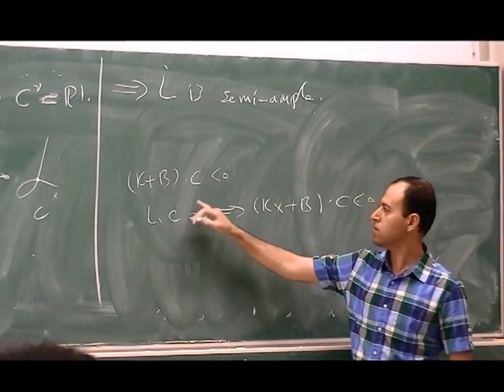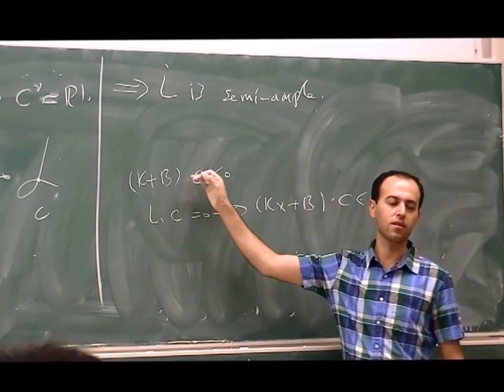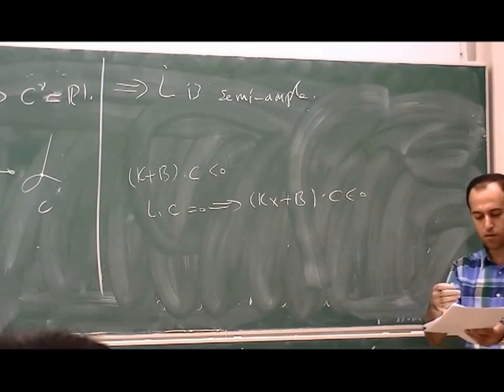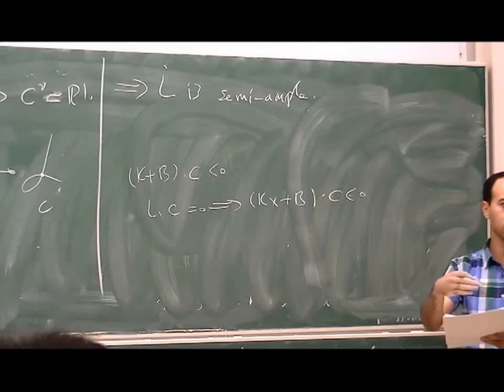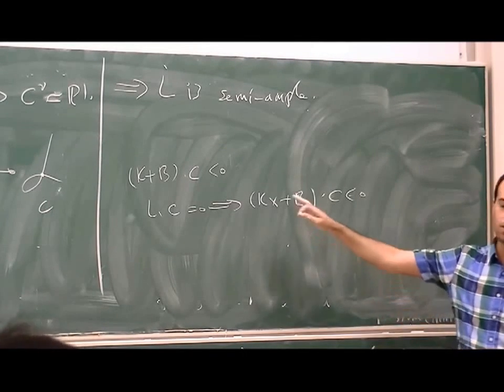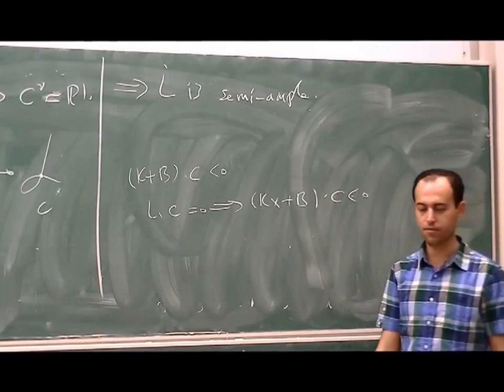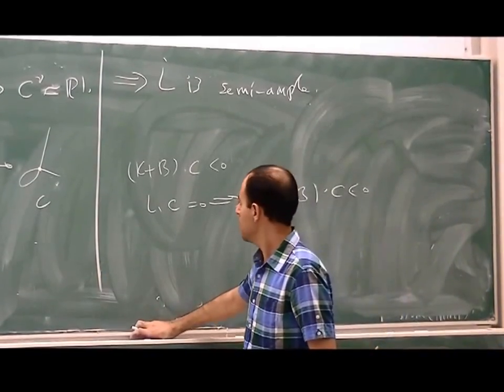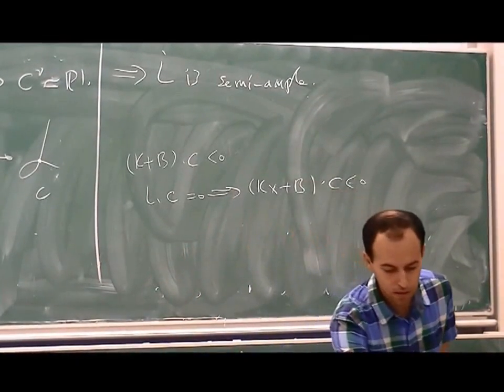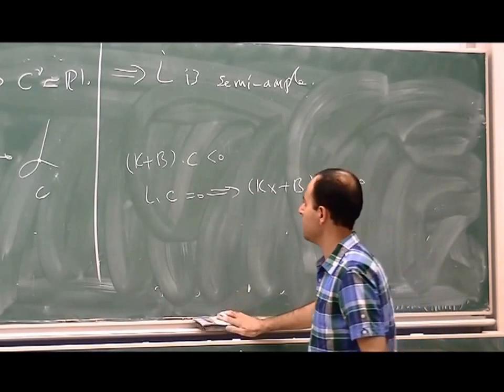But this may not hold for all the curves satisfying this thing. The point is that you could choose your ample divisor, maybe you have to change it around, so that you can capture one of these curves. Okay, so that's the case of B.